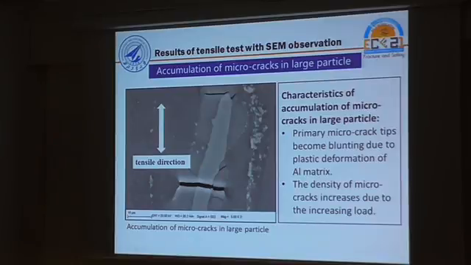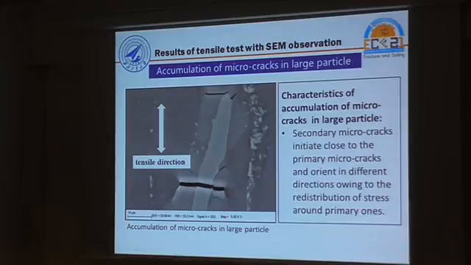Now let's go to the second stage, the accumulation of microcracks in large particles. We can see that the primary microcrack tips become blunted due to the deformation of the aluminum matrix, and the density of microcracks increases due to the increasing load.